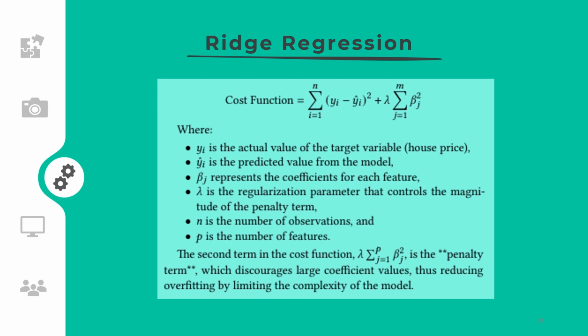Ridge regression helps to avoid overfitting by limiting the model's complexity. By shrinking the coefficients of less important features, it forces the model to focus on the most significant relationships in the data. Regularization helps improve the model's performance on unseen data, which is crucial when predicting house prices for new or future properties.